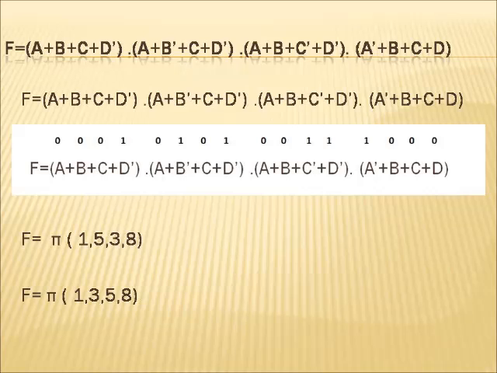We have prepared the cardinal form of the expression, and on the next page you can see that once the expression is in the cardinal form, we can easily mark those index positions on the K-map, right?